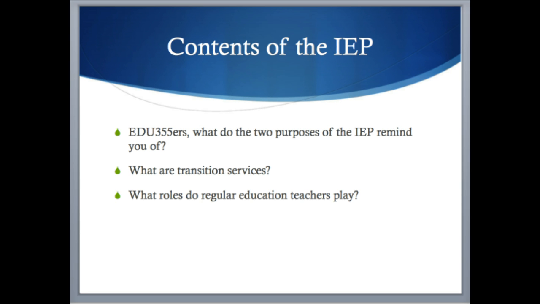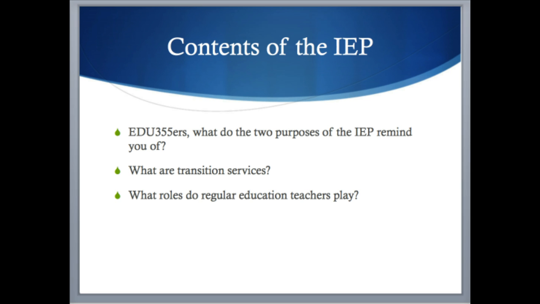Okay, so moving on to transition services, those were something that was discussed in the reading and are important for high school teachers in particular. So a high schooler's IEP may include reference to transition services, which are those services designed to help the student succeed beyond their K-12 experience.